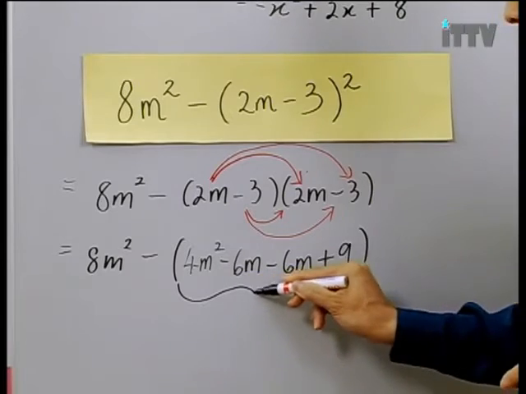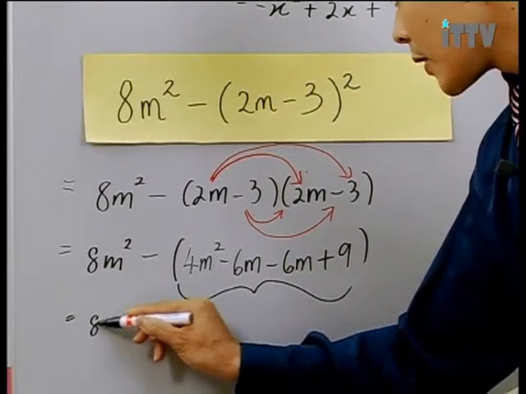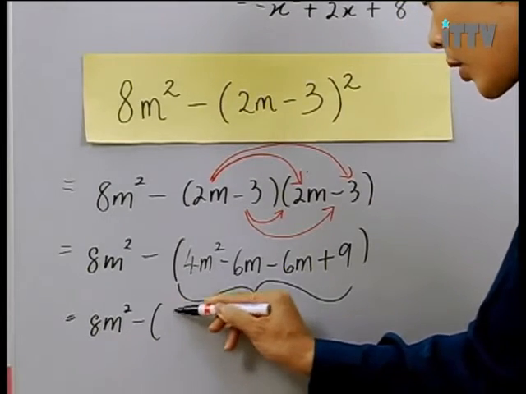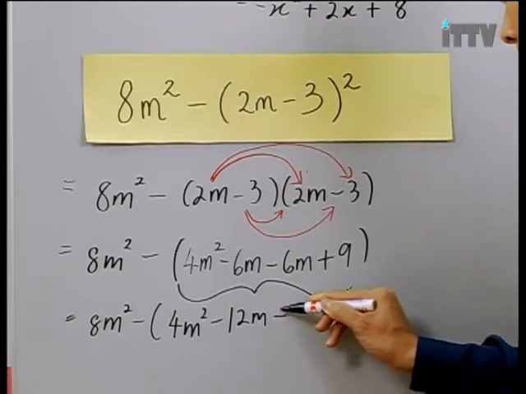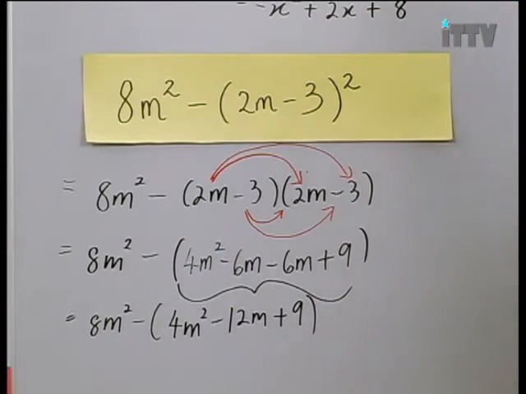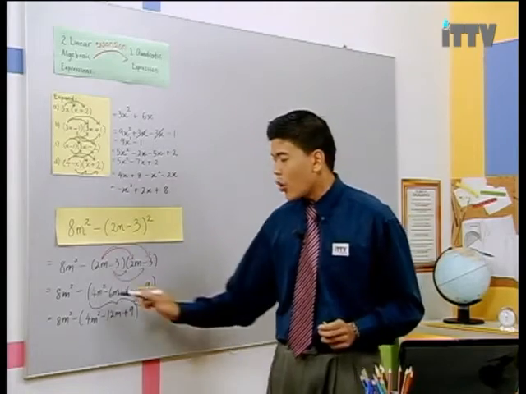Okay, this part here can be simplified further, so it becomes minus 12m plus 9.